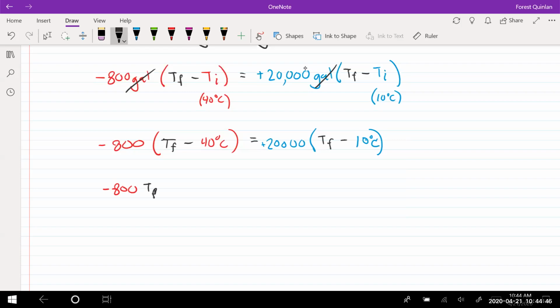So I have 800 TF. Negative times a negative is a positive. So positive 32,000 degrees C is equal to 20,000 TF minus 200,000.